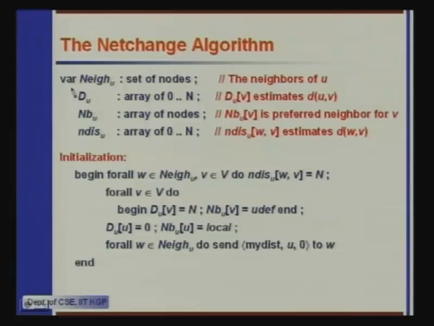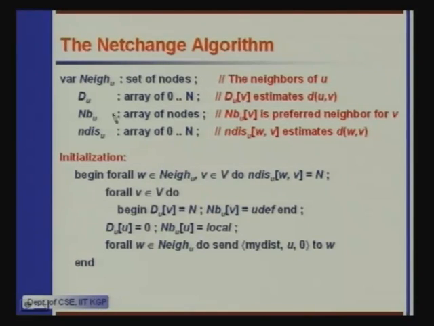Now, each node is going to maintain the following set of data. For a node u, Nei_u is the set of neighbors of u, just like we had before. D_u is an array and D_u[v] will contain the estimate of the distance from u to v, like in the Chandy-Misra algorithm. D_u[v] will denote the distance from u to v, that is the estimate that u stores about its distance to v.